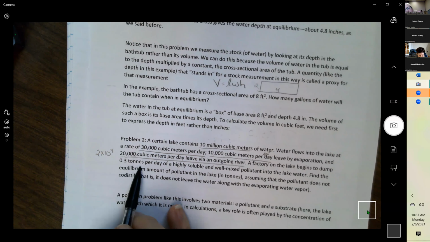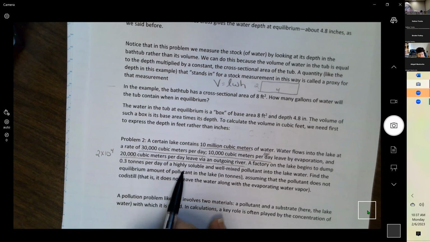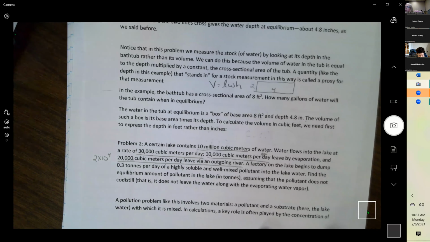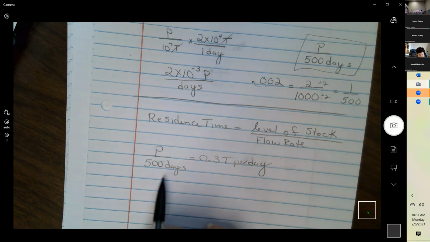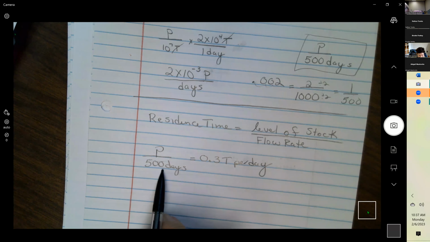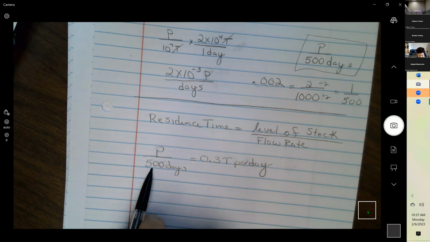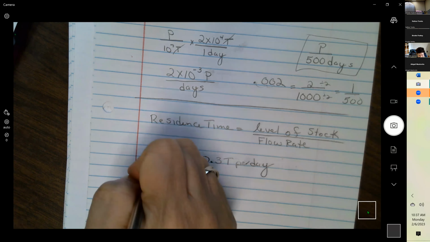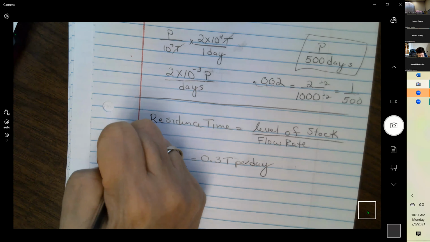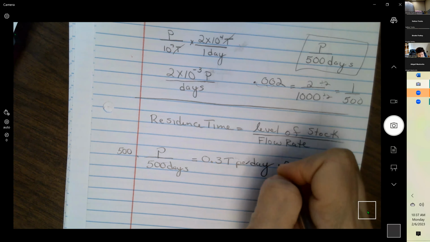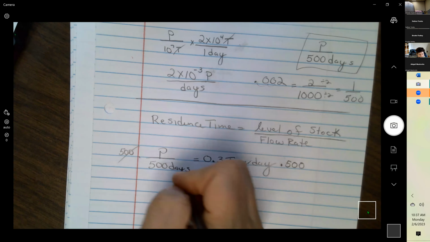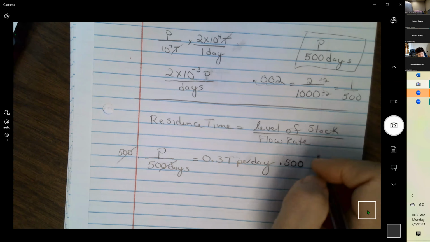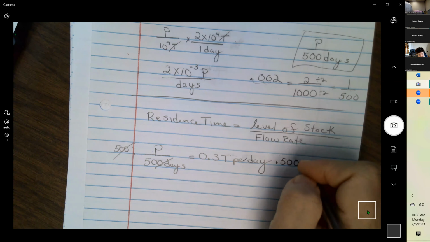So from knowing how much is being dumped each day, we can find out what P is. Because I know it takes 500 days, and how much there is total divided by the number of days is how much per day. And we can multiply by 500. So then the days will cancel also.